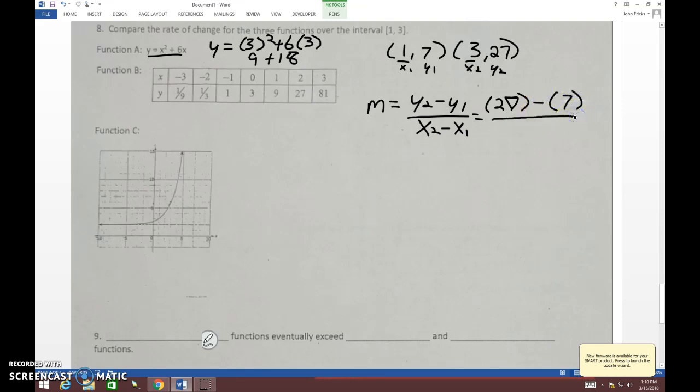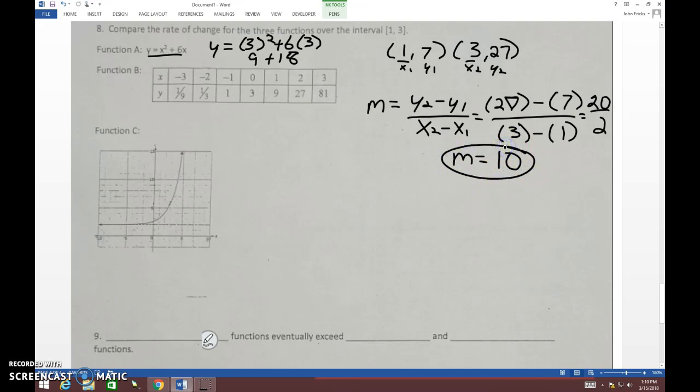And then that's all over x2, which is 3, minus 1 for x1. All right, so 27 minus 7, we can go ahead and say that's going to be 20. And then 3 minus 1 is going to give us 2. So for this problem, we find the slope is going to be 20 divided by 2, which is 10.